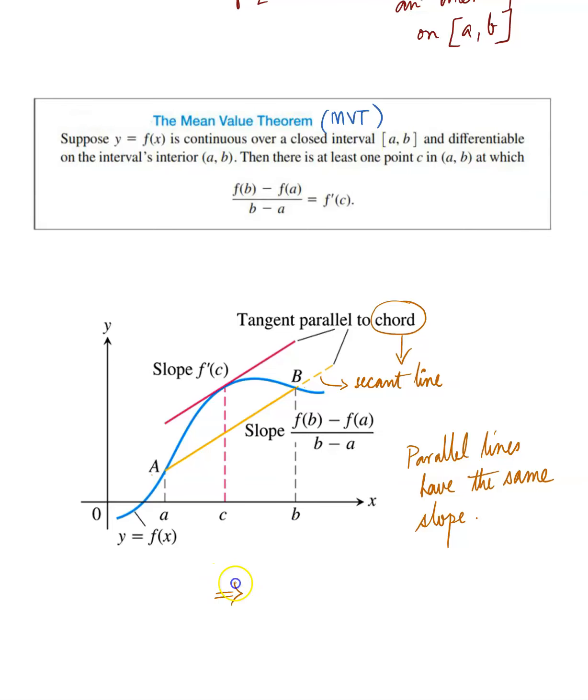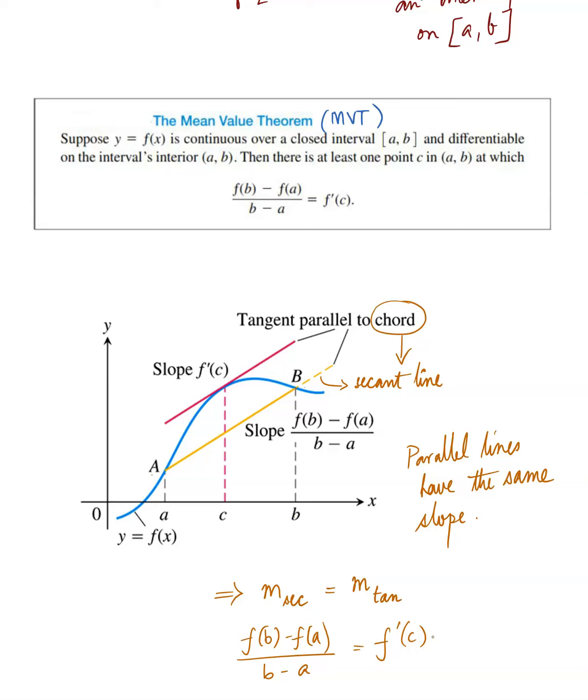So this implies that the slope of the secant line AB is the same as the slope of the tangent line because they are parallel. Therefore, f of b minus f of a over b minus a is the same as the slope of the tangent line, which is f prime at c, and they're equal.